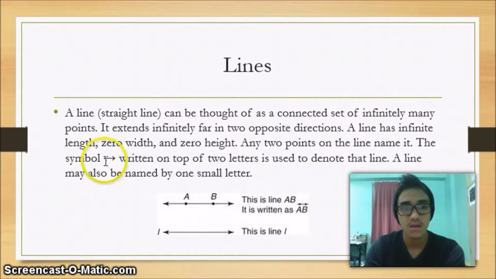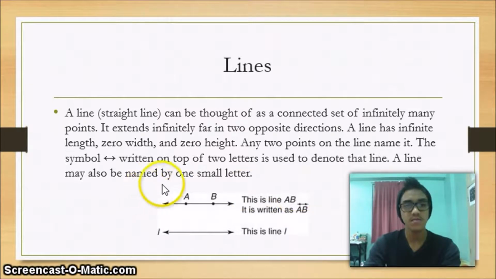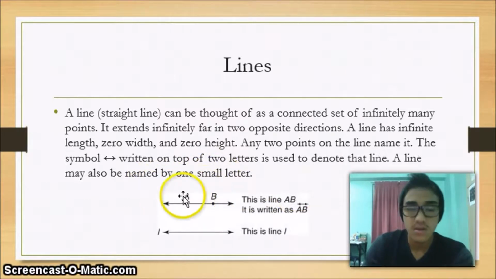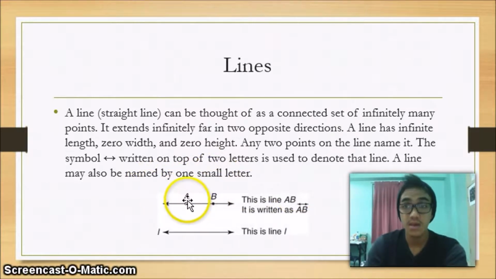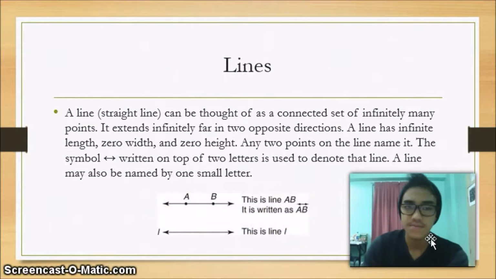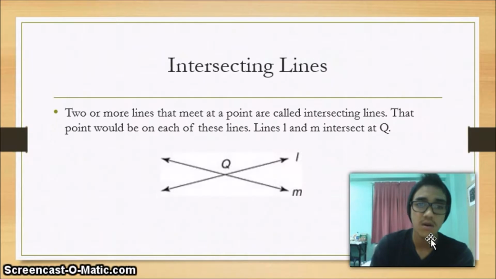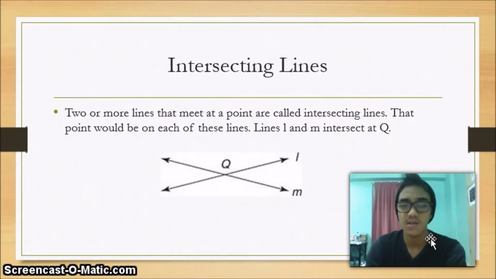This symbol written on top of two letters is used to denote that line, and a line may also be named by one small letter. So in the example here, there are 2 points A and B, and this line is written as AB with the symbol on it, or we can use a small letter next to the line, and this line is called line L.